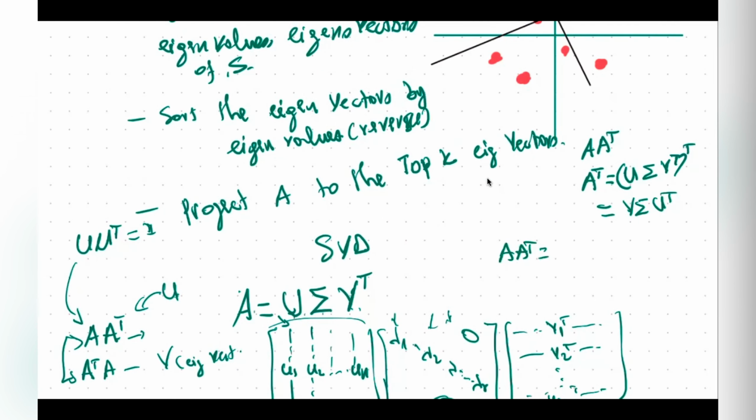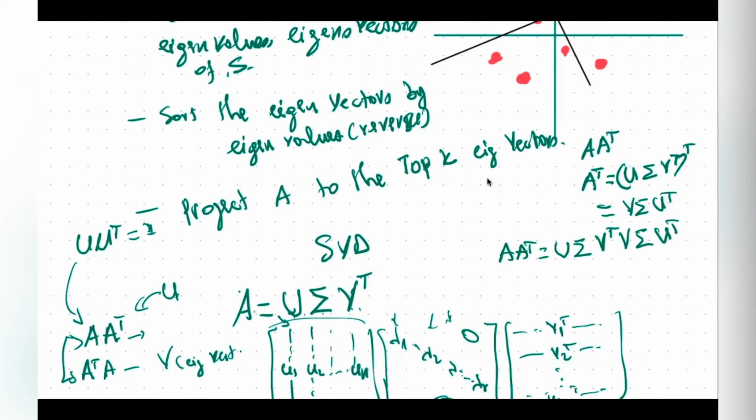So when you compute A A transpose, you take the A that you had before, which is U sigma V transpose, and multiply by V sigma U transpose.